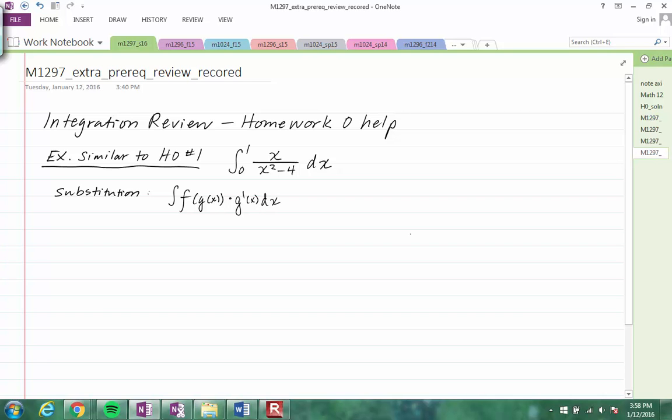If that's the form of your integral, then you can use substitution of a variable, u, for g of x, and then what you end up having is a function f of u du, which hopefully you know little f of u's antiderivative or integral because it's simpler, and then this g prime of x thing is not there anymore because it's contained in the du, and then so this big F is the antiderivative or integral.